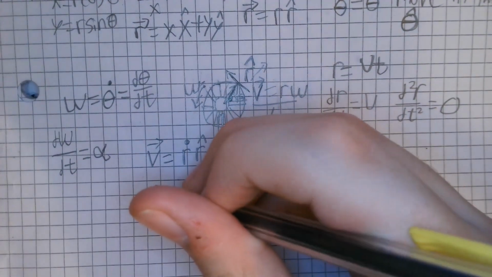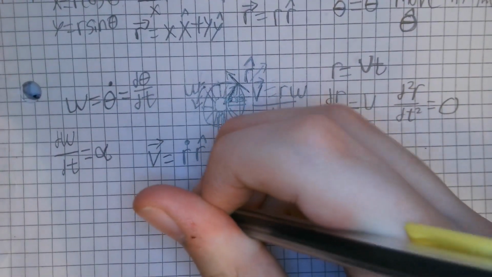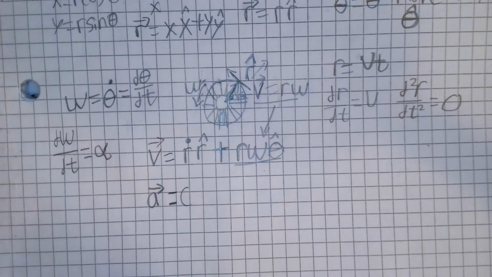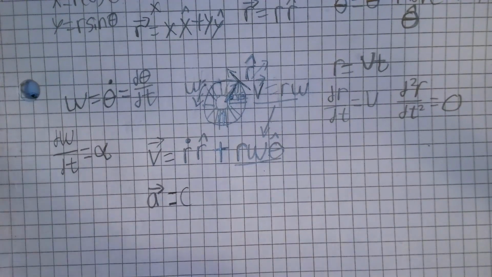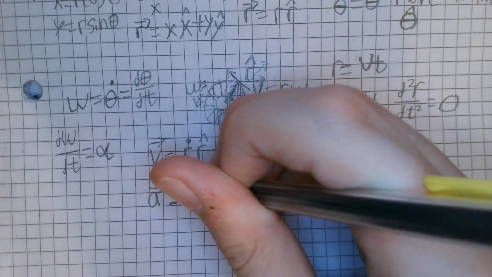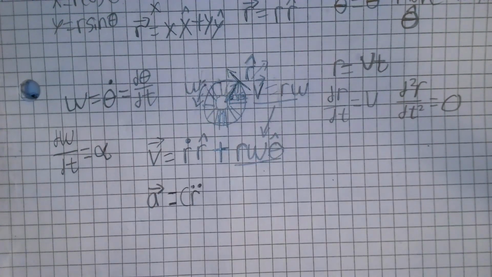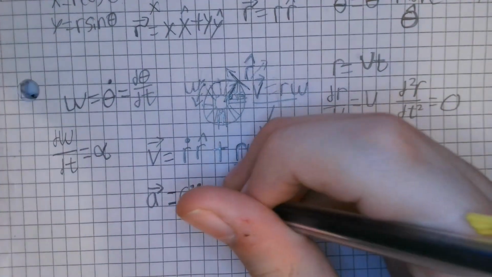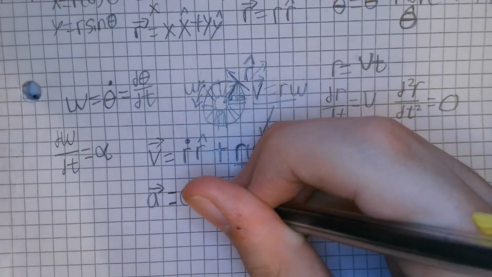So, the acceleration vector in polar coordinates is going to be a little bit more complicated. We're going to take the second derivative with respect to time of our position r, which is really just the acceleration in that, minus r times omega squared.